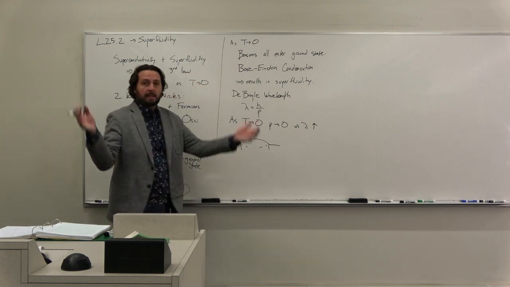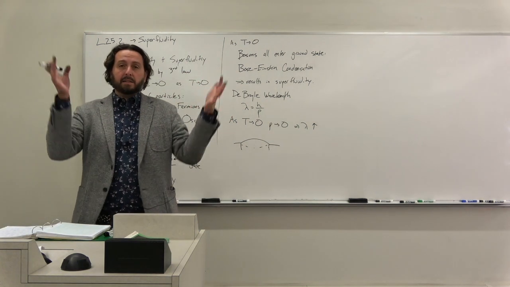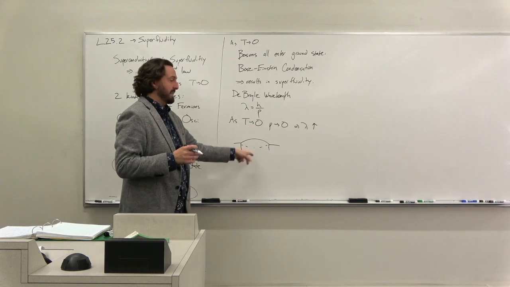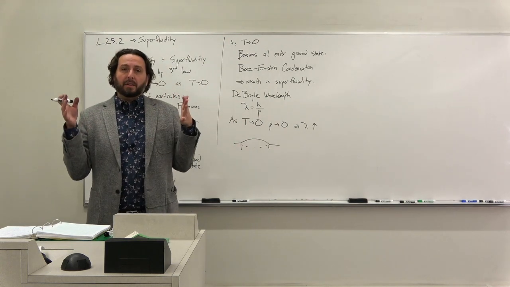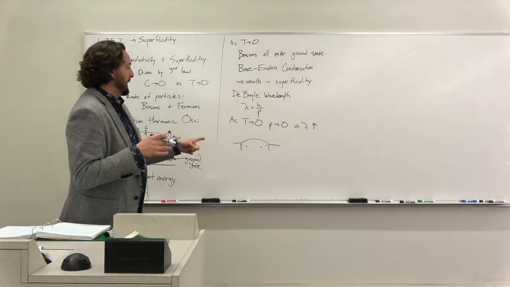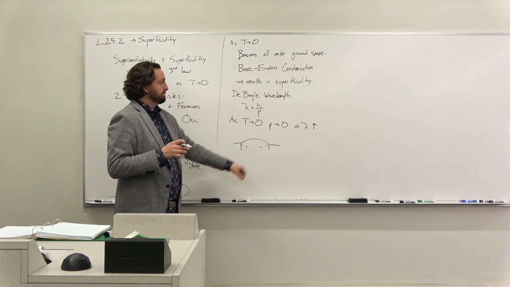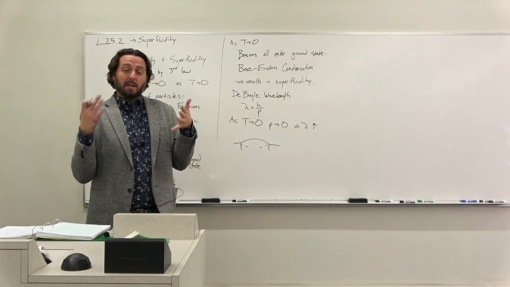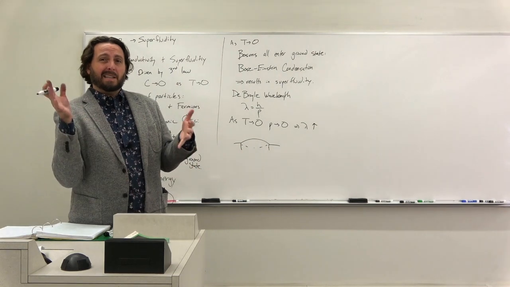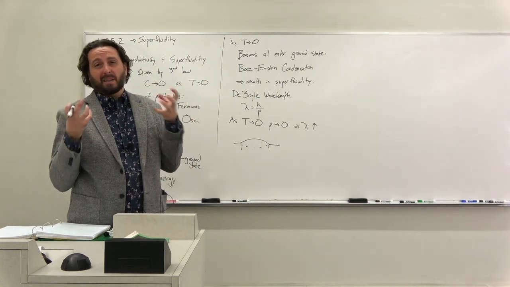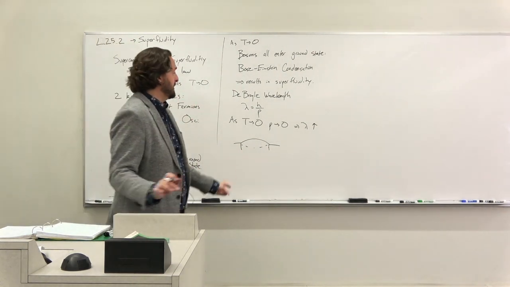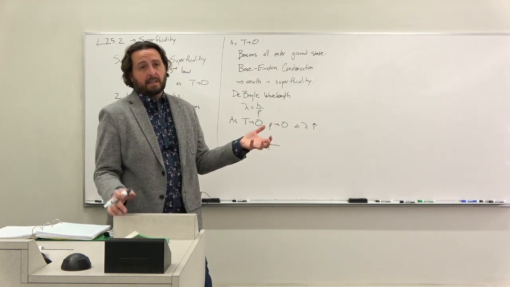And what it means is that across the entire sample volume, or here across the entire string, there's only a single macroscopic wave function. And that single macroscopic wave function means that any portion of the macroscopic vessel of a superfluid is physically connected, right?